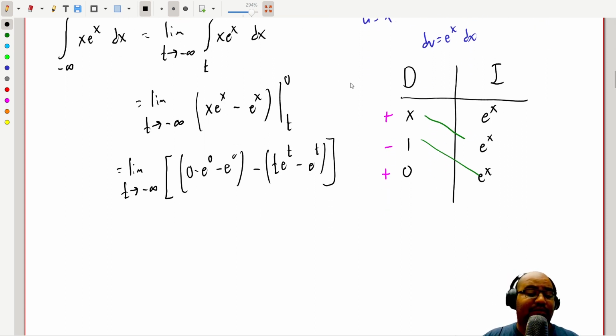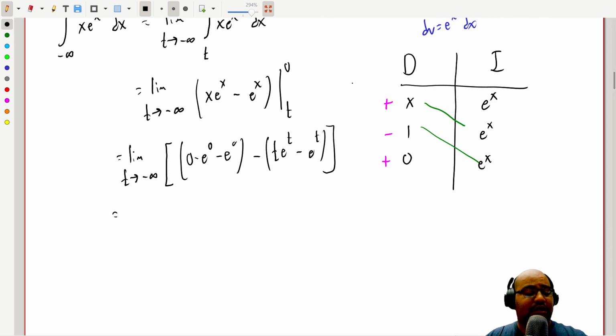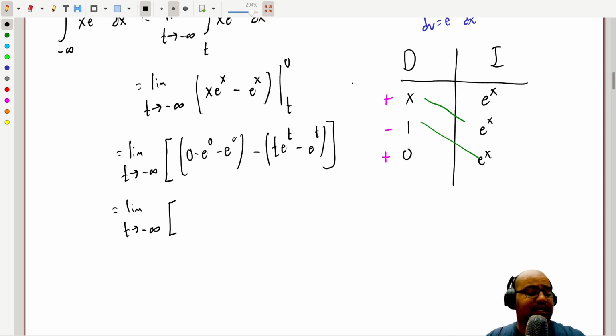Let's clean up here. Again, that should be minus infinity. So the first part, we have 0 times e to the 0, that's 0. Minus e to the 0, that's a negative 1 there. And then minus t e to the t minus e to the t.